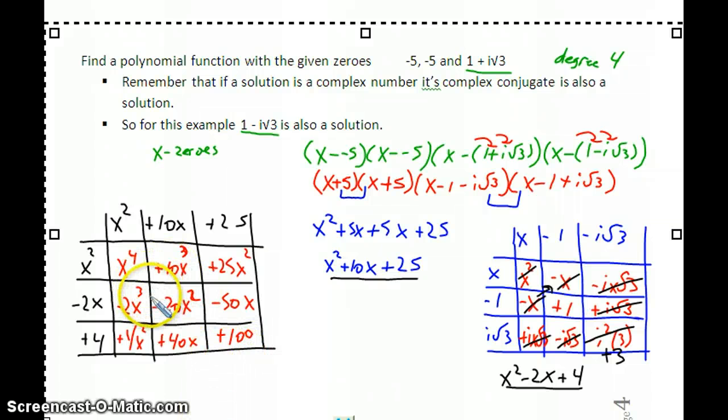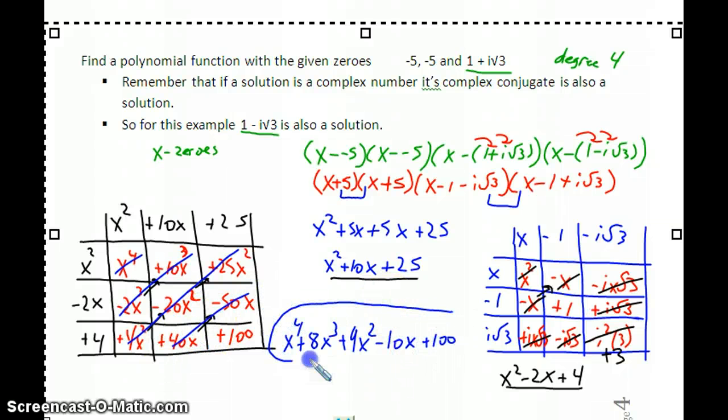Now again, my like terms should be on the diagonals. You'll notice that that's the case here. So we'd get x to the 4th plus 8x to the 3rd. Then this would be 29. 29 minus 20 would make 9x squared. And this would make negative 10x plus 100.